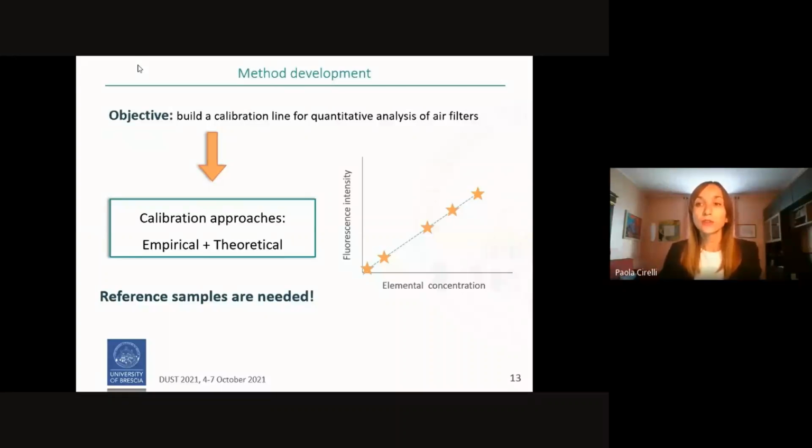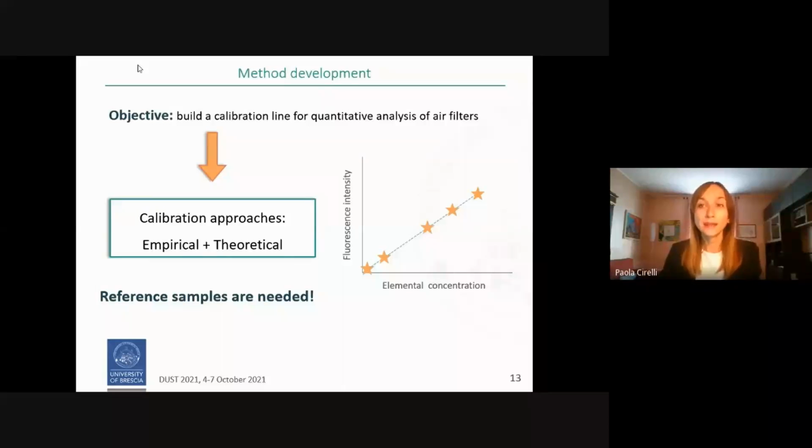On the other hand, the theoretical approach is based on the equation of the fluorescence net intensity of an element. With both methods, a calibration line for a specific element is obtained, with a range of linearity defined by a statistical analysis. Both the approaches require the use of reference materials, of filters with known mass deposition.